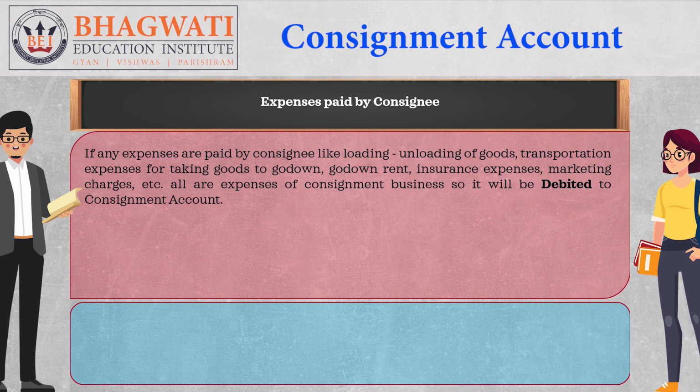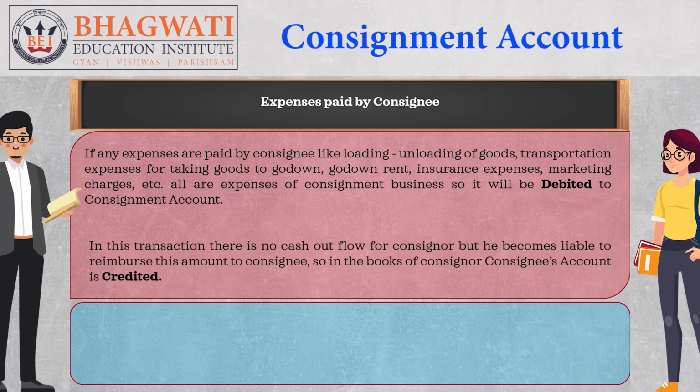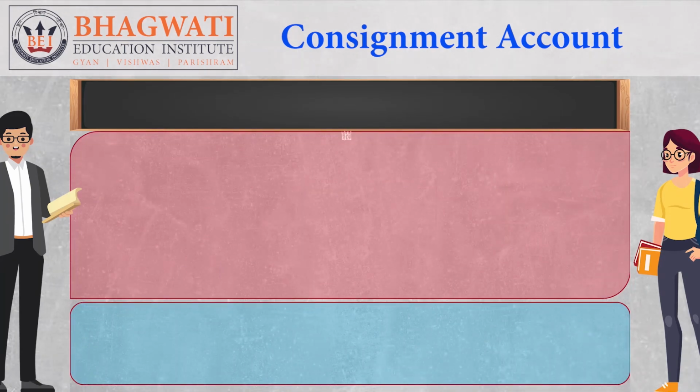So there is no outflow of cash or reduction in bank balance for consignor, but rather he is now under the obligation to pay this amount to consignee. He is supposed to reimburse this amount to consignee. So his account should be credited. So your journal entry should be consignment account debit to consignee account. Clear?